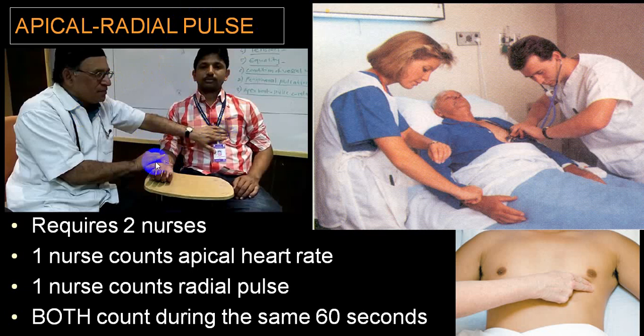So this is the best, the other is an alternative but can give you an error. So you put one hand on the apical impulse and one hand on the radial. This is the best way.